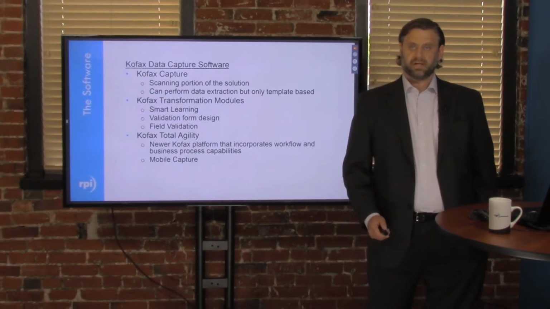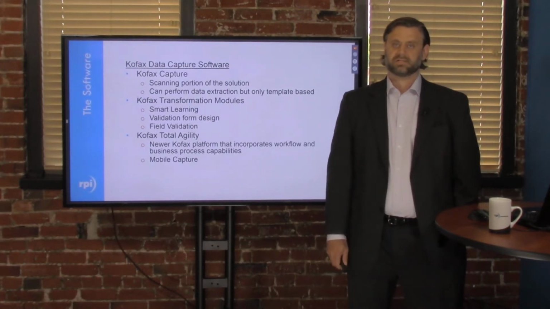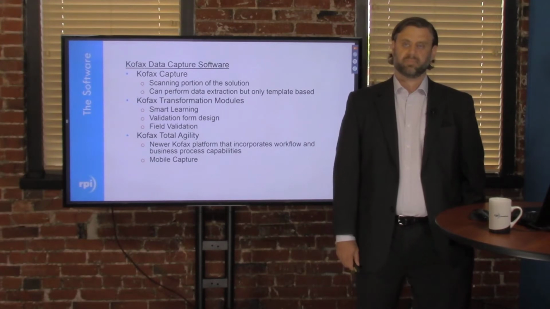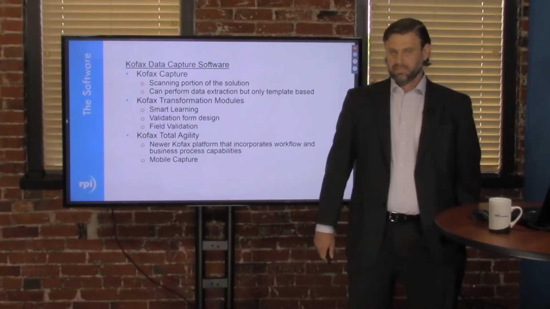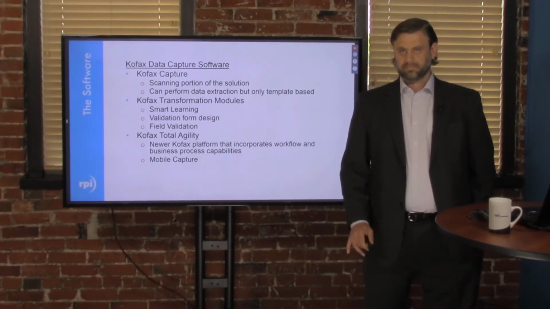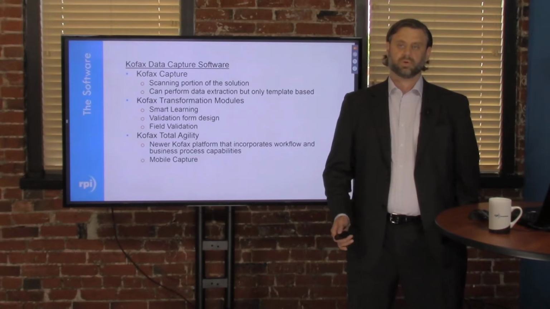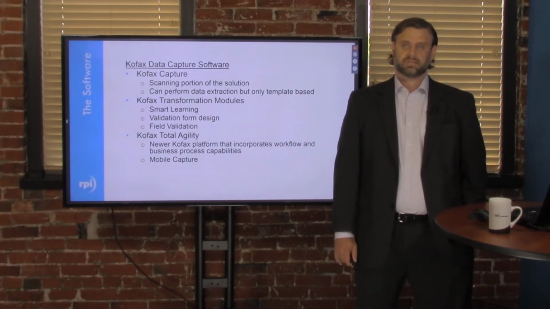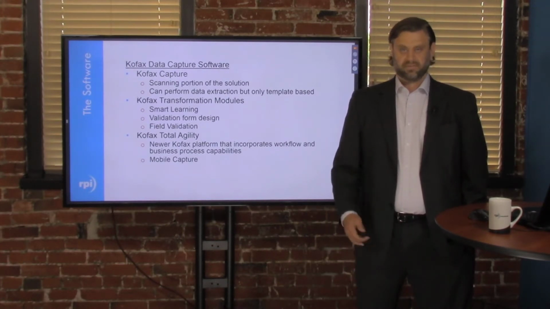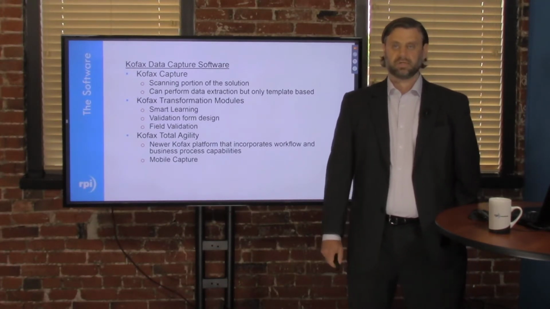So before we get into that, I want to talk a little bit about the different pieces of Kofax. There are three main pieces that I want to discuss. The Kofax Transformation Modules is the smart learning portion of it, so that's where we're going to spend a lot of our time today. But Kofax Capture is basically the front-end scanning, where you have a scanner hooked up and you scan in documents.